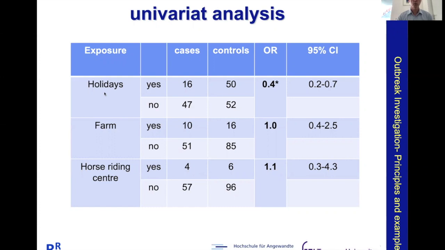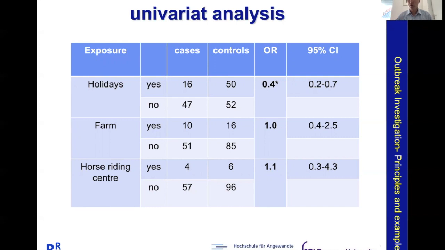First of all, we asked whether they were on holidays, and cases and controls compared. And we see that more controls were on holidays, relatively speaking, than cases, leading to an odds ratio of 0.4, which means that being on holidays was a protective factor, with a confidence interval less than 1, not including the 1.